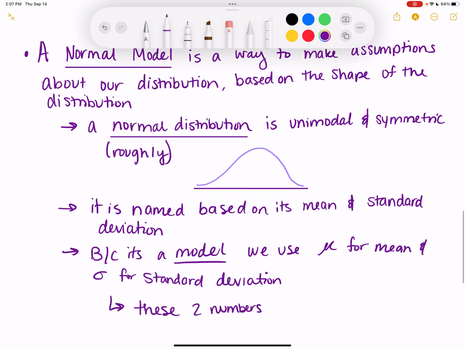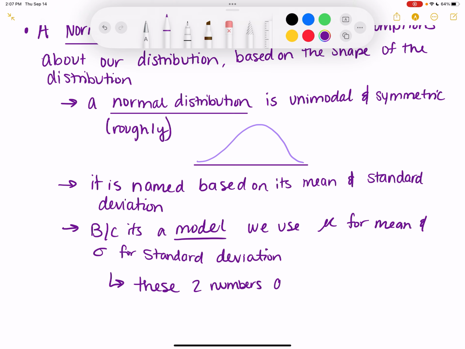Mu and sigma are numbers, the parameters of the model.